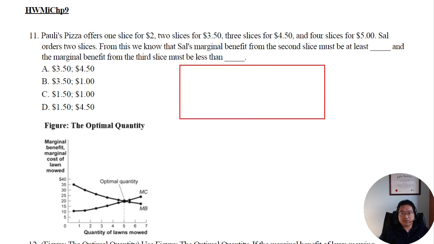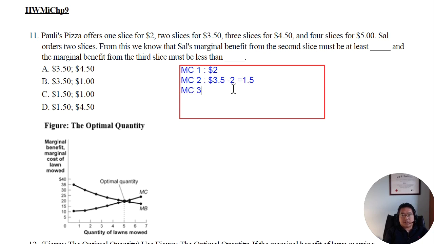So marginal cost for the one slice is what? $2, no question. For the second slice, the marginal cost is $3.50 minus $2, which is $1.50.